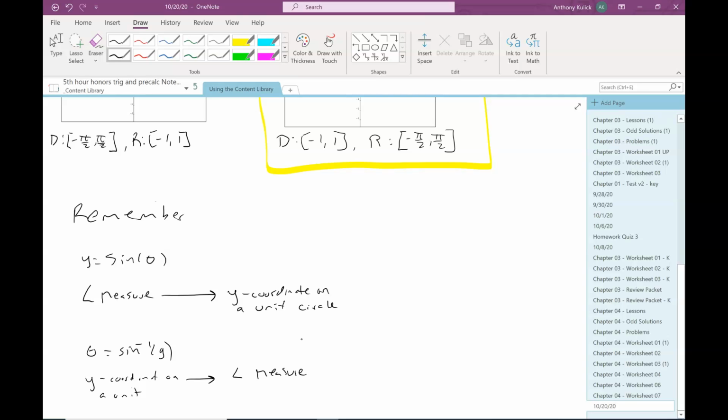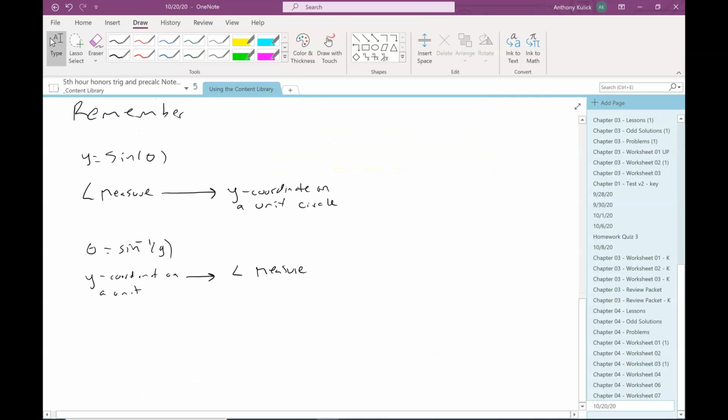Is everybody okay with this notion? Okay. So what we've done here is all concerning sine specifically, right? But we could do a similar thing for cosine and for tangent as well. Let's just summarize the result. Is that okay?